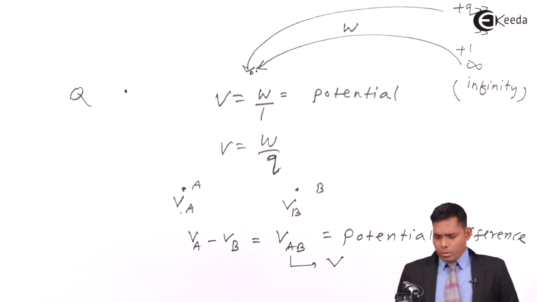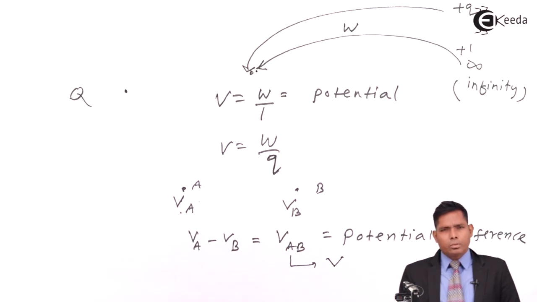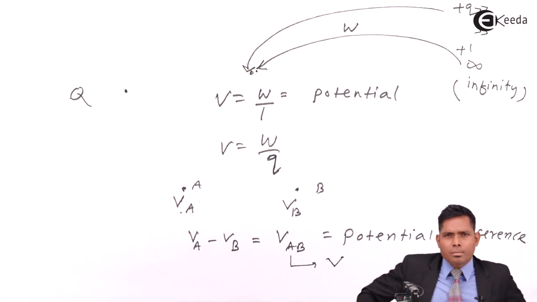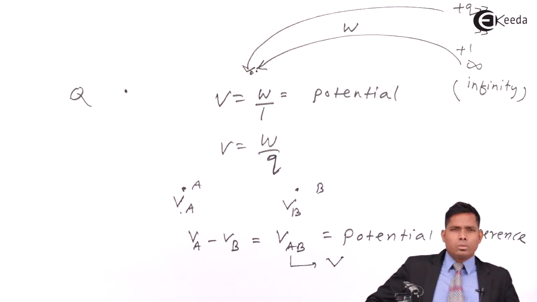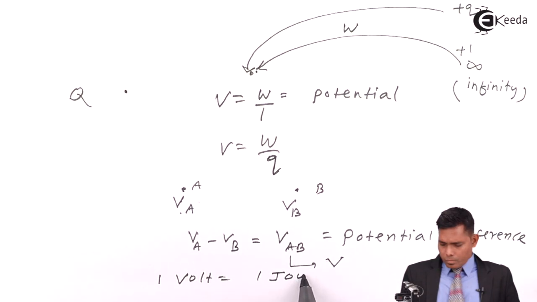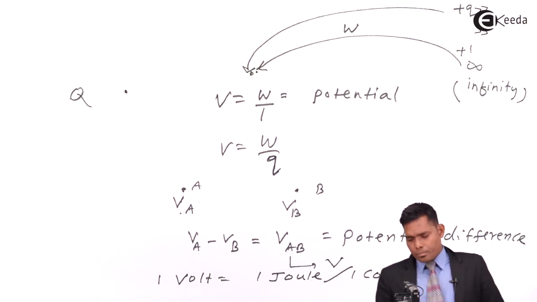So this is how it is defined, and its unit will be the unit of work over the unit of charge. The unit of work is joule in the SI system and the charge is coulomb, so it is joule per coulomb, which is also called volt. 1 volt equals 1 joule per coulomb.